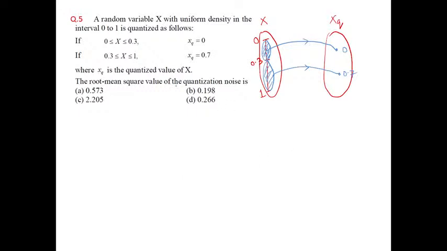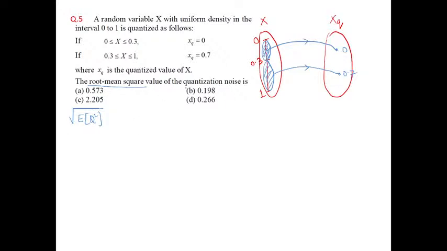Now the root mean square value of the quantization noise is. Now you cannot directly apply the formula, so you have been asked the root mean square. Okay. So root mean square is simply a square root of eq square. So first we will find out eq square, and then we will simply apply the square root over it.